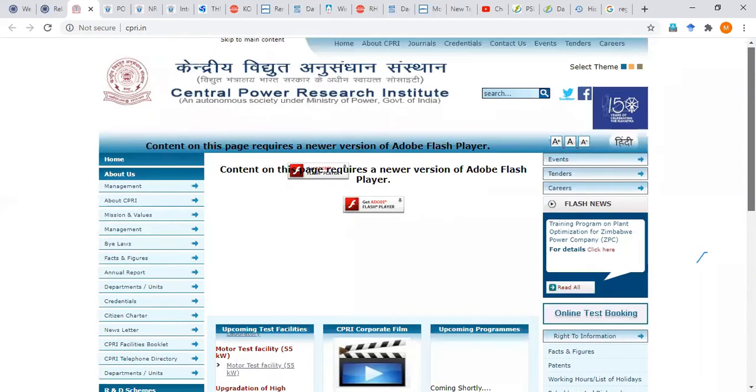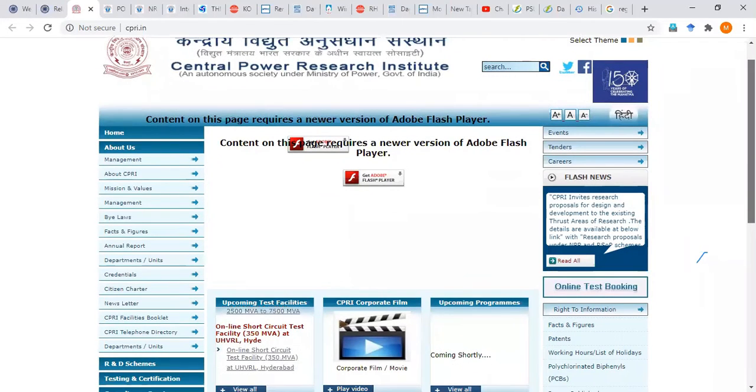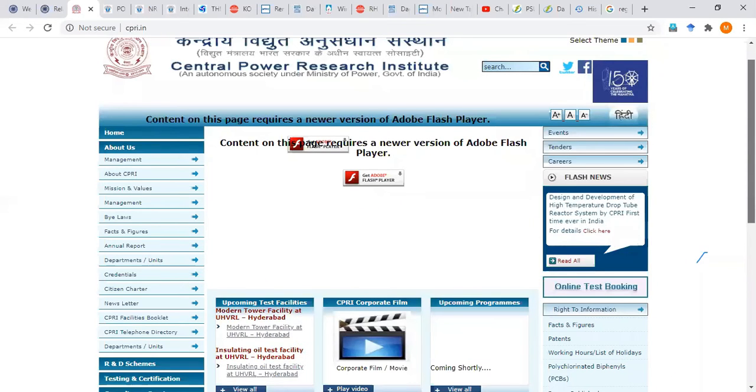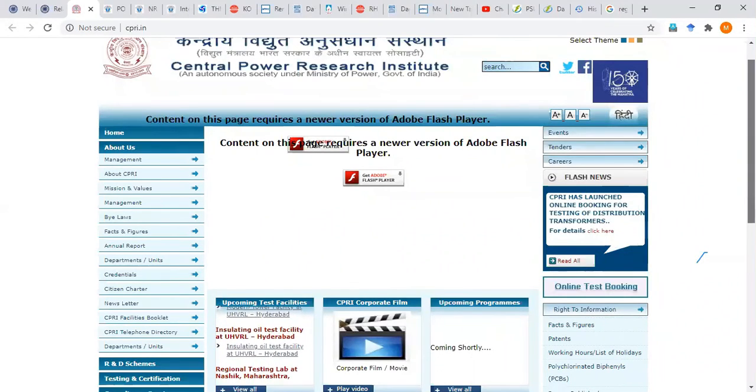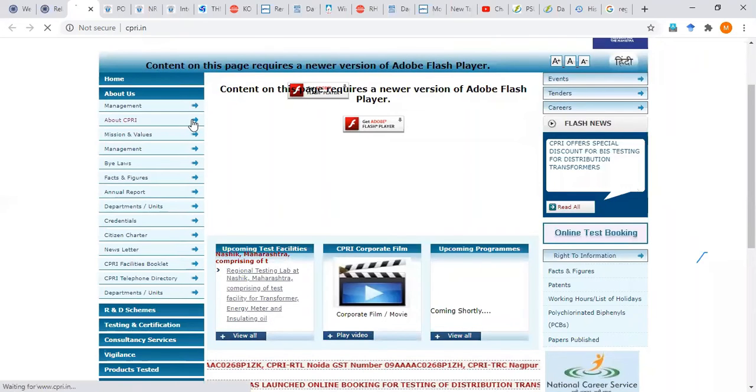For commercial installations and applications, they will need certification from this organization. Many things are going on in this organization in terms of research and development in the power sector. So this is the most important organization from the research and development point of view. This is about CPRI.